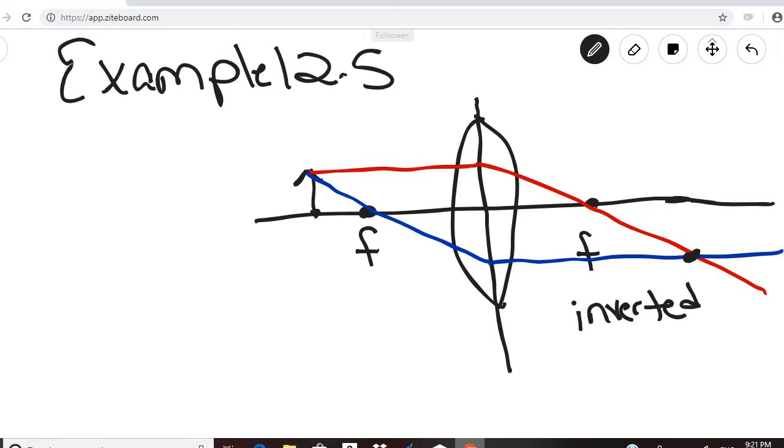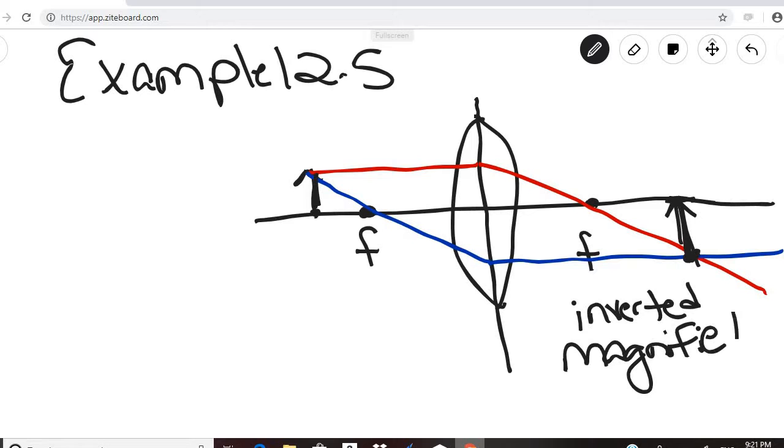And what about its size? So here is how big it was, and now it's going to go from there to there. So it's going to be magnified. This is bigger than this. It's going to be magnified.